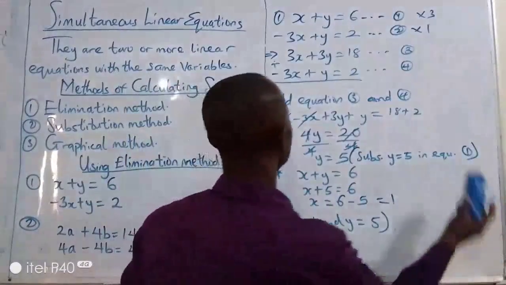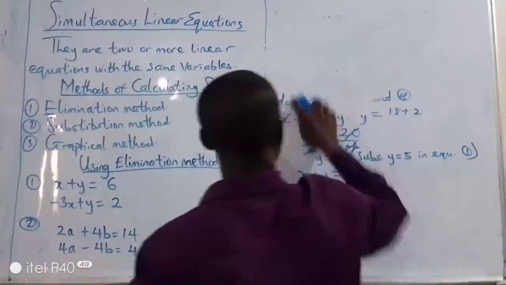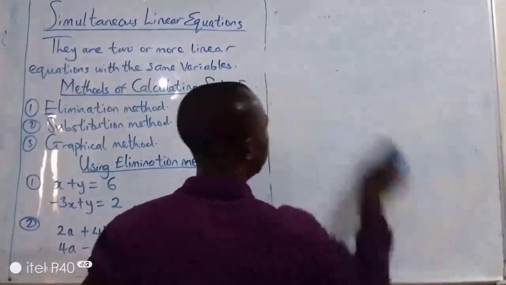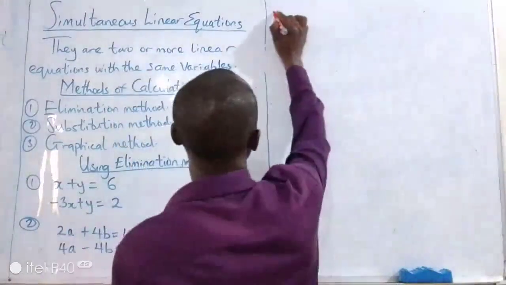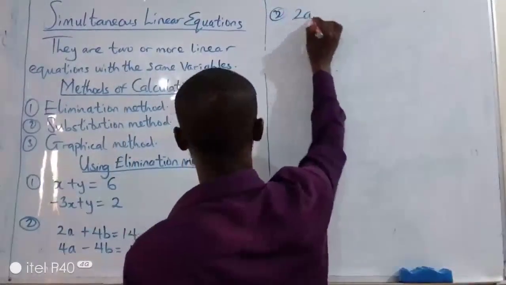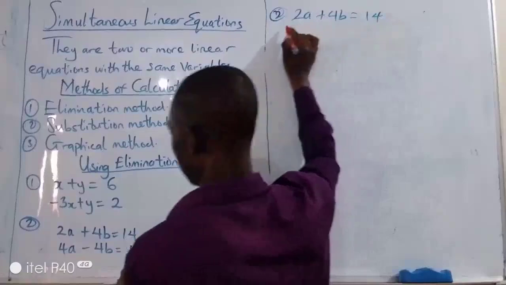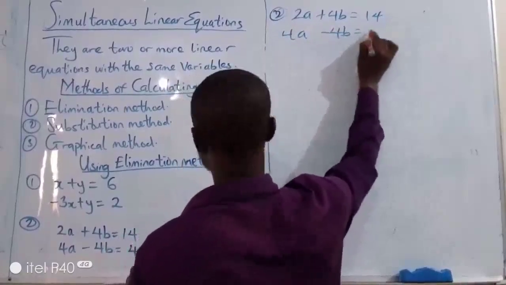So now let's quickly take the second question. Let me rub off the board so I can do the second question together as well. Now, the second question says 2a plus 4b equals 14 and 4a minus 4b equals 4.